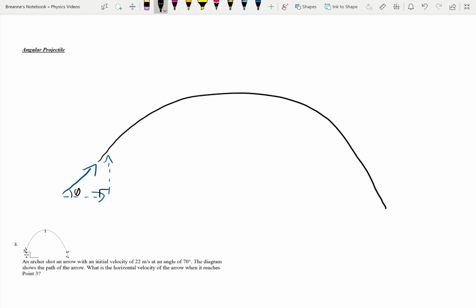Okay. So this is our Vi. This becomes our Vx. This becomes our Viy.